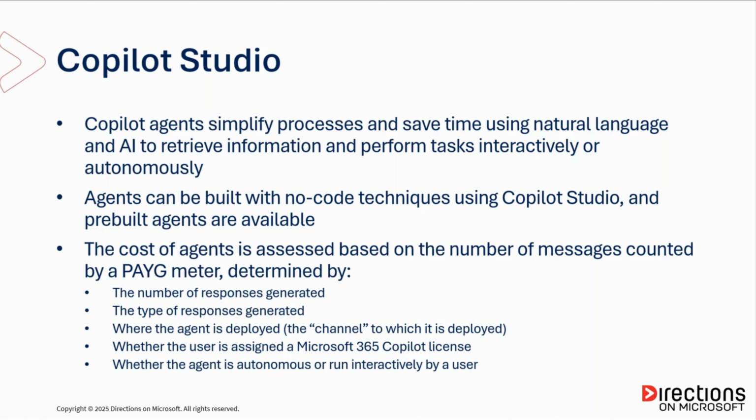Now, the licensing model for agents is very new and complex, and several updates to the licensing scheme just arrived a couple weeks ago. The cost of running agents is based on a unit called messages, and messages are billed through a pay-as-you-go meter, and the number of messages consumed by agents is determined by several factors, including the number of responses that an agent generates, the type of responses it's generating, where the agent is deployed. In other words, the channel where it's deployed.